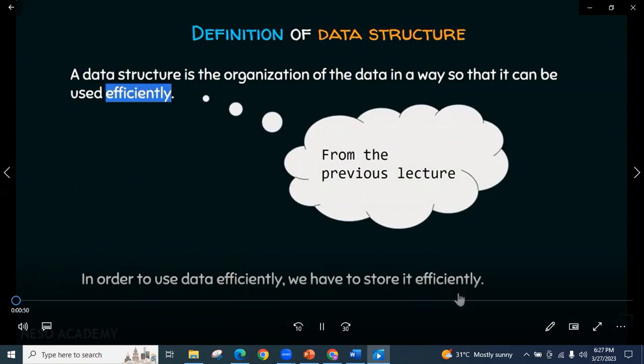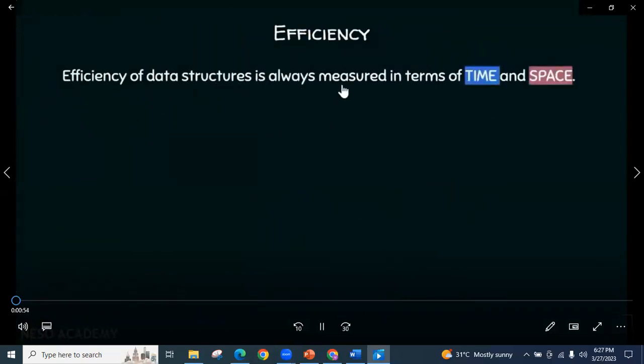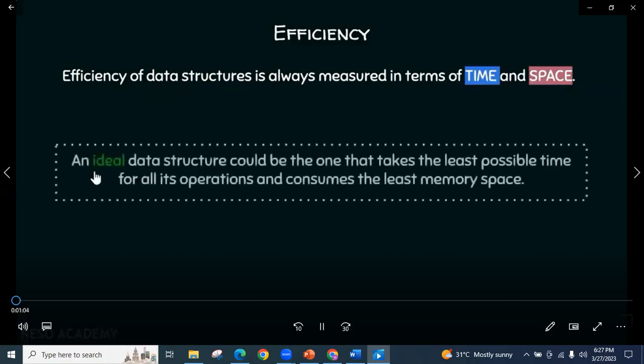Now let's discuss efficiency in more detail. Efficiency of data structures is always measured in terms of time and space. So what is the picture of an ideal data structure? An ideal data structure is one that takes the least possible time for all its operations and consumes the least memory space. Both these things should be low.